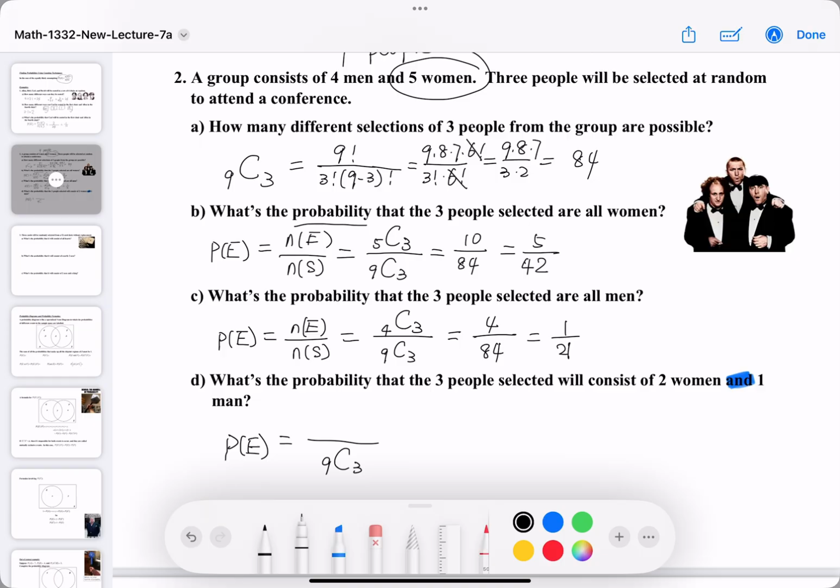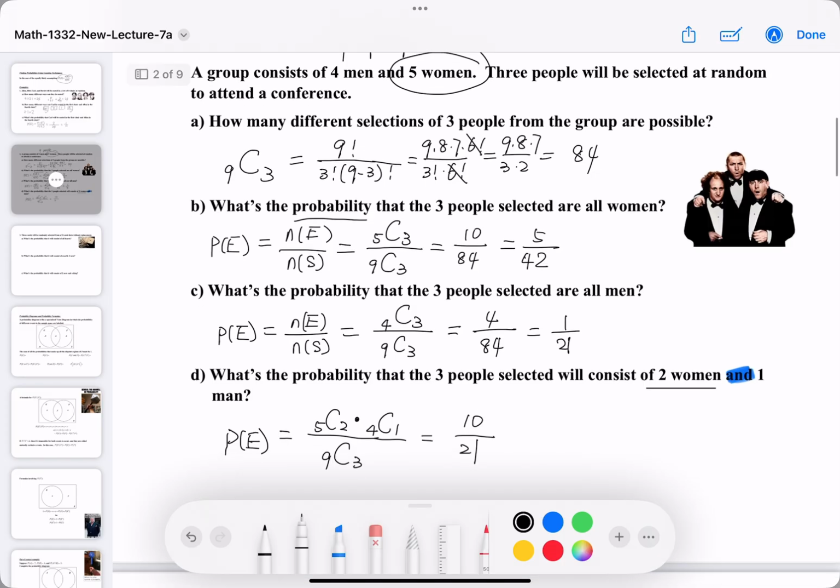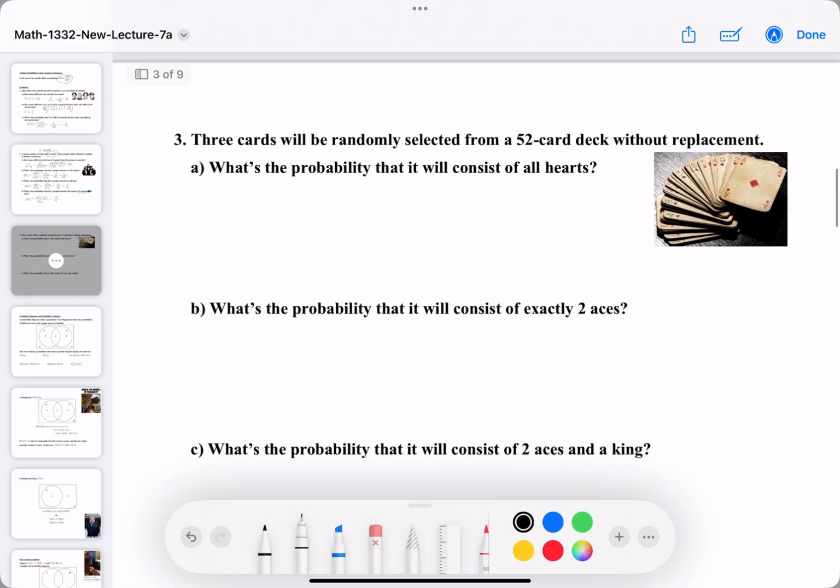Two women are coming from the 5 women group, so 5C2, and multiply by 1 man coming from 4 men, 4 choose 1. And then simplify this. What are we going to have? We are going to have 10 out of 21.